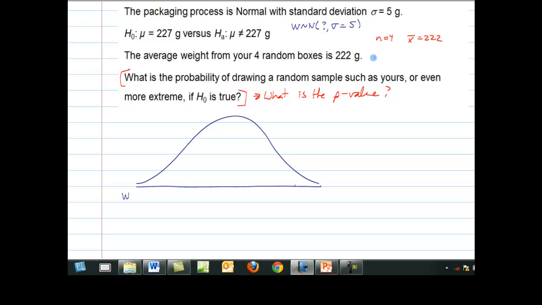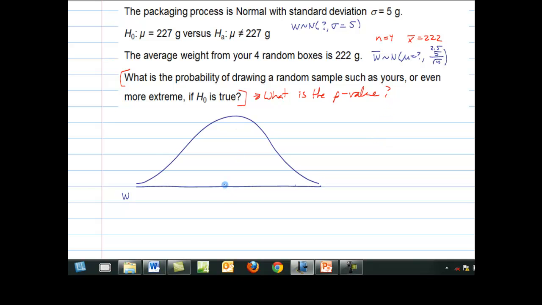Then I find the average weights, and they're distributed normal as well, mean, I don't know, standard deviation, I do know though, would be 5 over the square root of 4. Square root of 4 is 2, 5 divided by 2 is 2.5, so we could use either of these values.